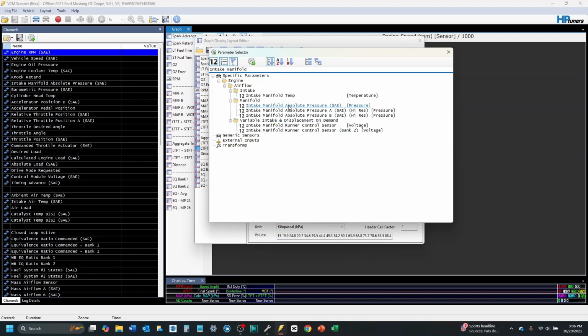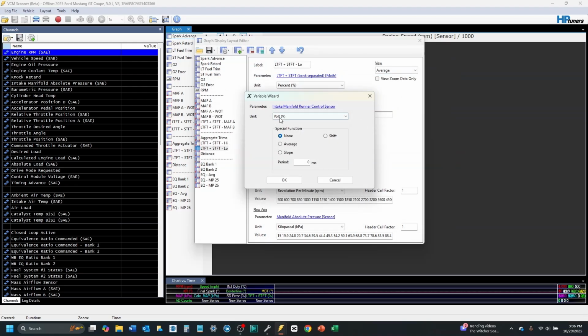Intake manifold, here we go. Runner control sensor. So it happened to be under engine, airflow, variable intake and displacement on demand, the intake manifold runner control sensor, right? So there it is. It's a voltage. I can grab that. Okay, none of this business, just grab it.